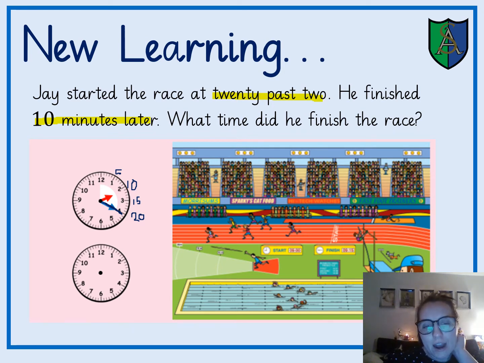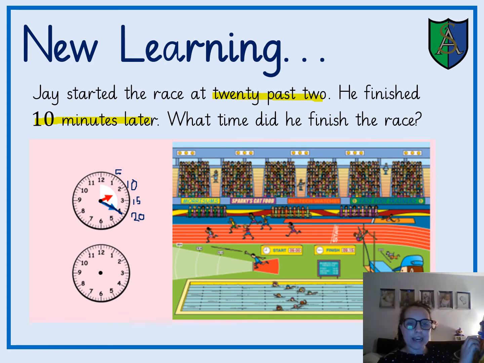And I need to now move my minute hand. I don't need to do anything with the hour hand, but I need to move my minute hand 10 minutes later. Okay, so I'm going to count in my multiples of 5 until I get to 10, because that will show 10 minutes. And then I'm going to see where my minute hand will end up. So I'm going to do it on my big clock that I've got here.